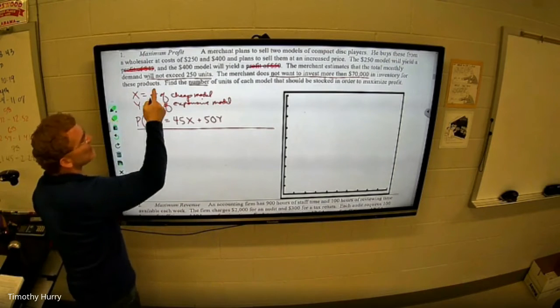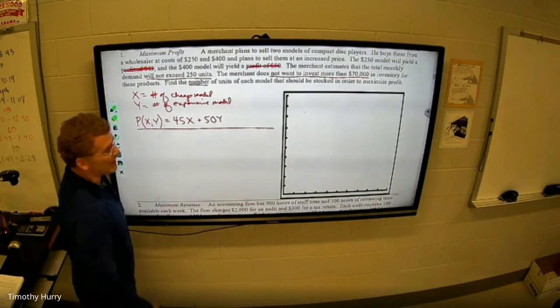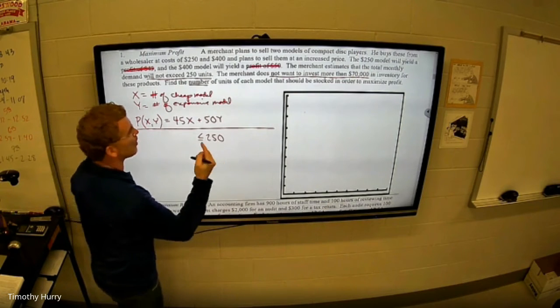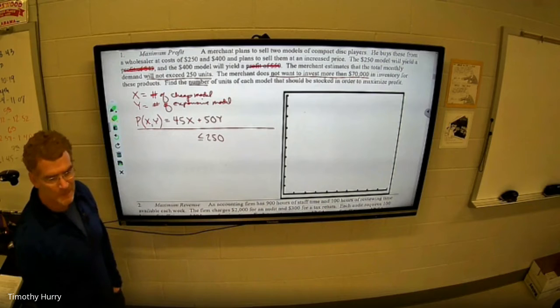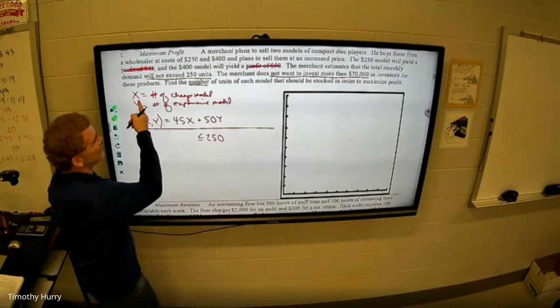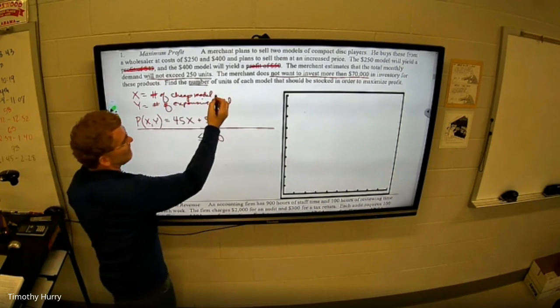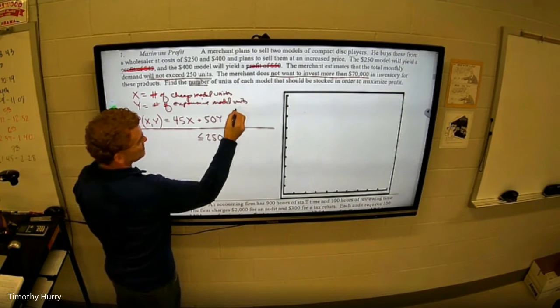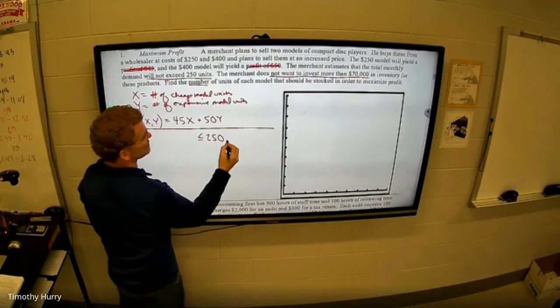If I will not exceed 250, that means I must be less than or equal to 250 what? Units. And these stand for the number of the cheap model. So right here, I will not exceed 250 units.